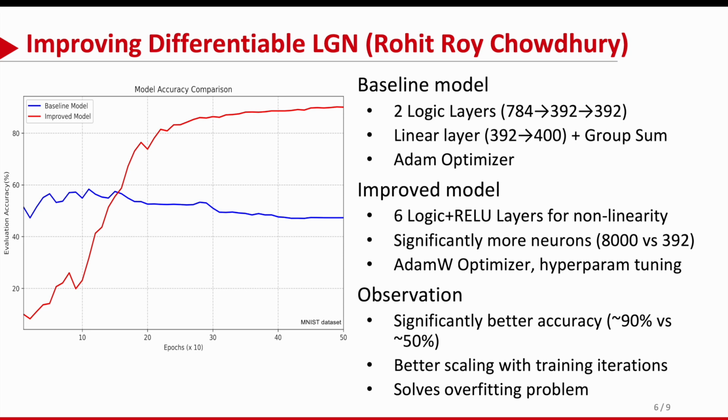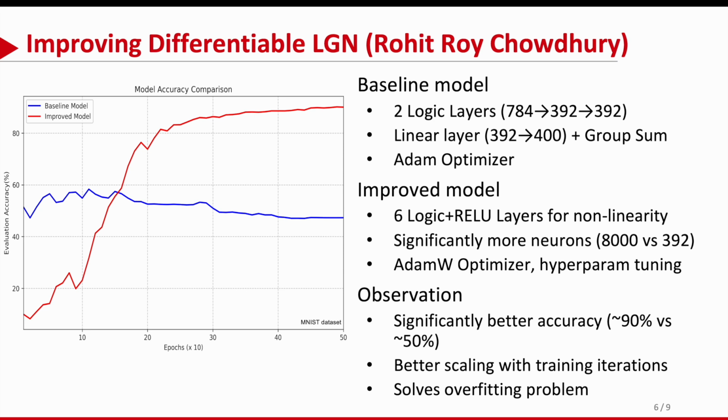You can see it learns quickly at first, but then plateaus around epoch 150 and actually starts declining after epoch 300. What really transformed our results was reimagining the architecture. Our baseline was pretty simple, just two logic layers with a moderate neuron count and a standard Adam optimizer. It was basically hitting a ceiling.